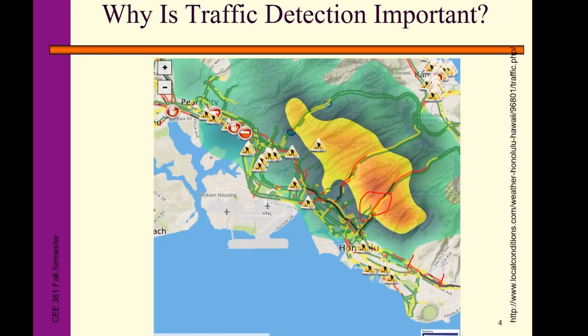Normally green means free flow. So ideally, it means nobody around you, you can drive and travel as fast as you can. Yellow means moderate congestion, and red means heavily congested traffic condition.